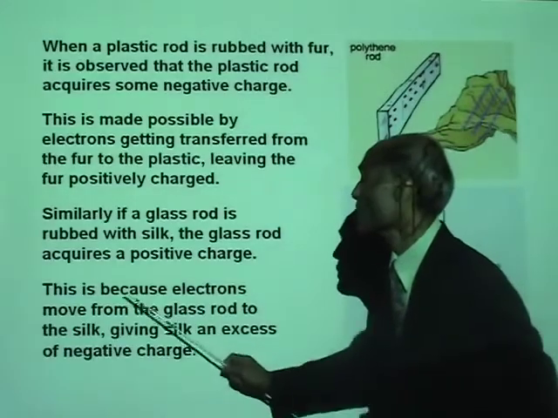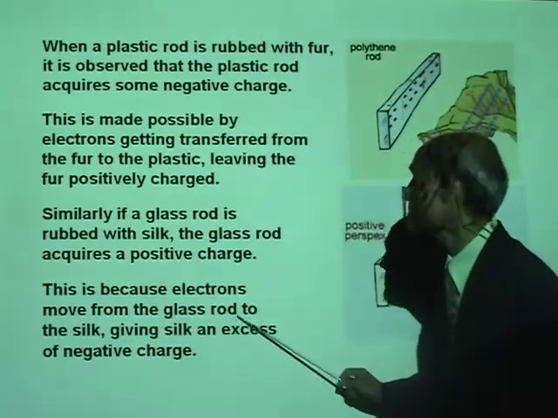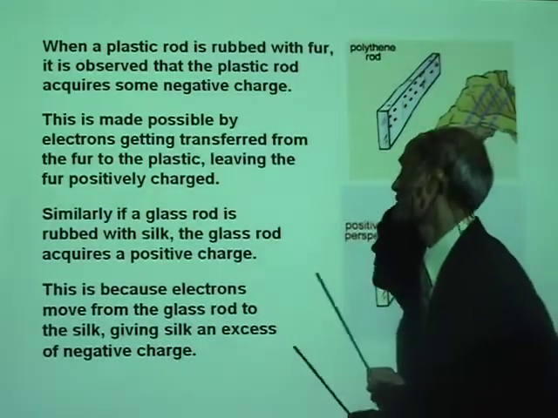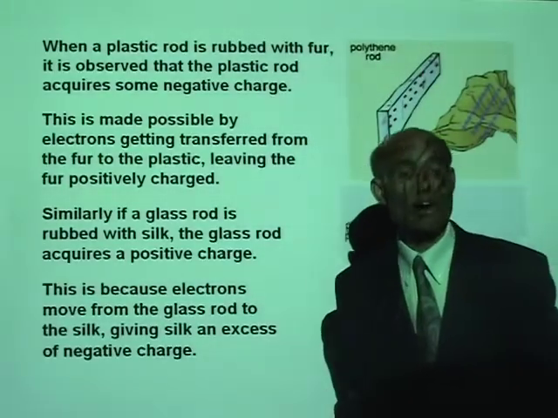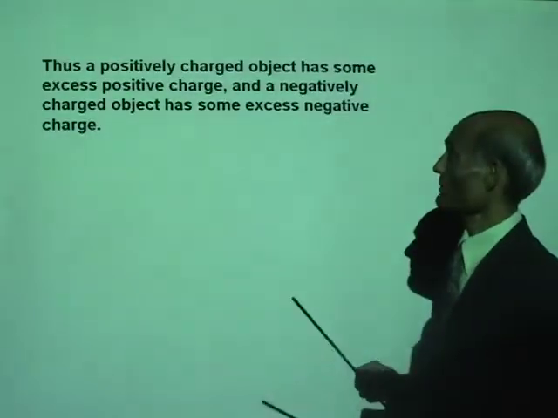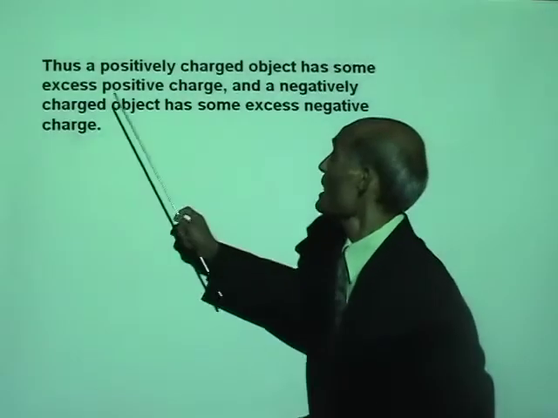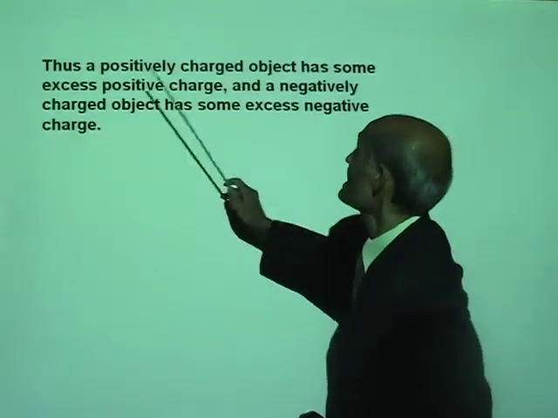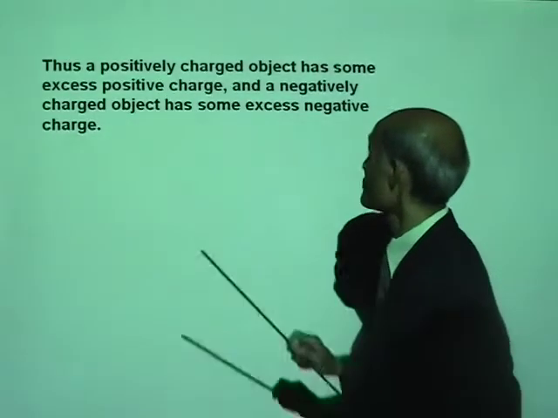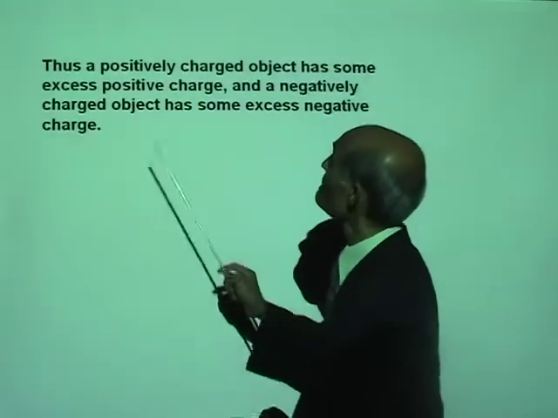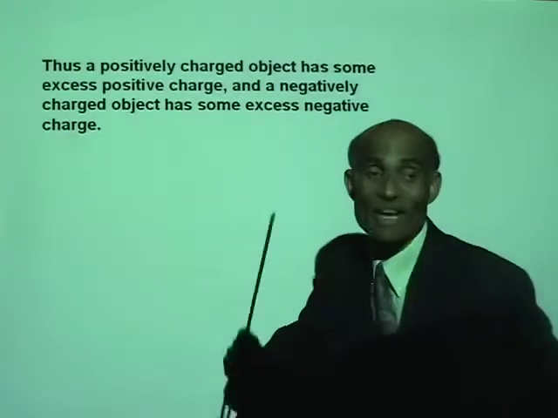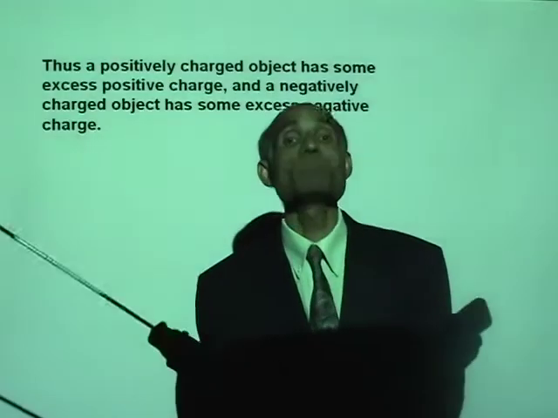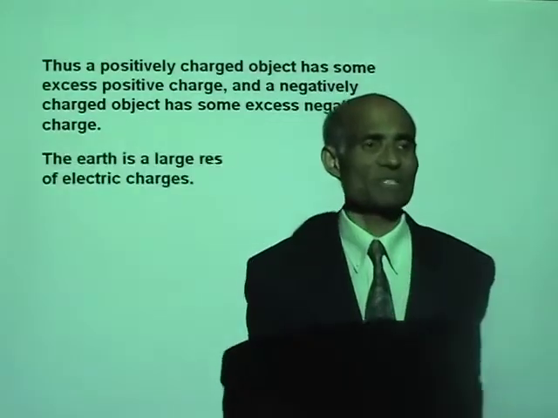Now this is because electrons move from glass to the silk, giving silk an excess of negative charge. Thus, a positively charged object has some excess positive charge, and a negatively charged object has some excess negative charge. That is the meaning of a charged object.